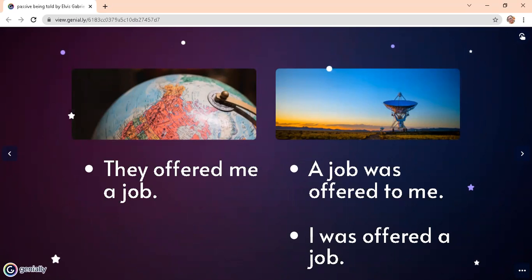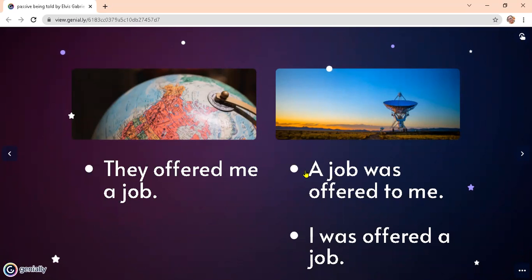The sentence on the left, they offered me a job, is a sentence in the active form. How do we know that? We know it because the structure of the sentence is first a pronoun and then a verb. And there is no verb to be in the middle. That's how we know that this is an active sentence.